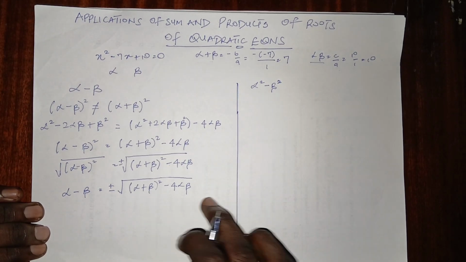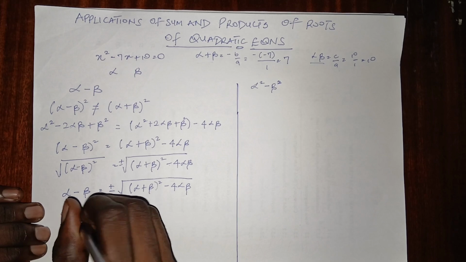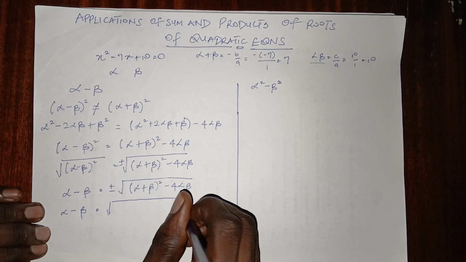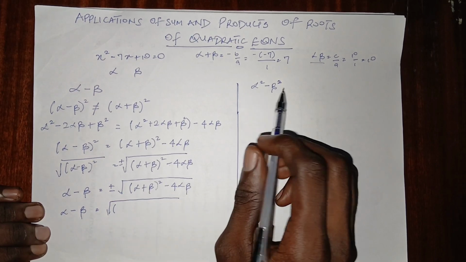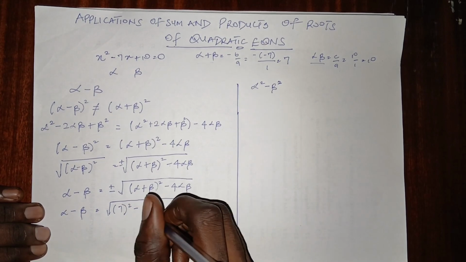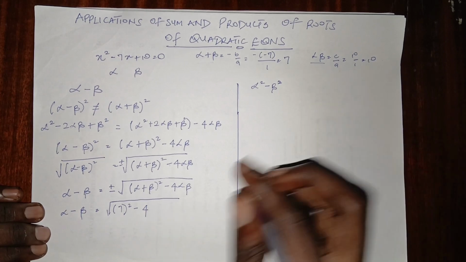Let's substitute each of our terms. We have alpha minus beta equal to the square root of, what's alpha plus beta here? Alpha plus beta is 7, squared, minus 4 times alpha beta, which is 10.